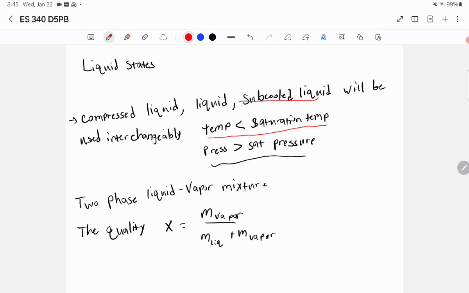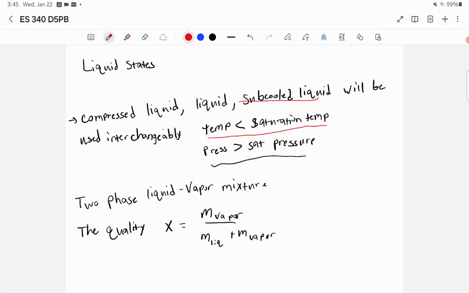Okay, so that is why we can think of using these terms interchangeably. So if the temperature is low enough that it's beneath the saturation temperature, then we're in the subcooled liquid or the compressed liquid regime. Or if the pressure is higher than the saturation pressure, again, we're in the compressed liquid regime.